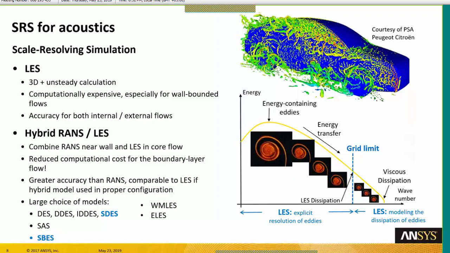So for hybrid RANS-LES, we combine RANS near the wall and LES in the core flow. You will have a reduced computational cost for capturing the eddies in the boundary layer flow, because in fact you are not capturing them, you are modeling them. You are modeling a contribution from the boundary layers inside the core flow.